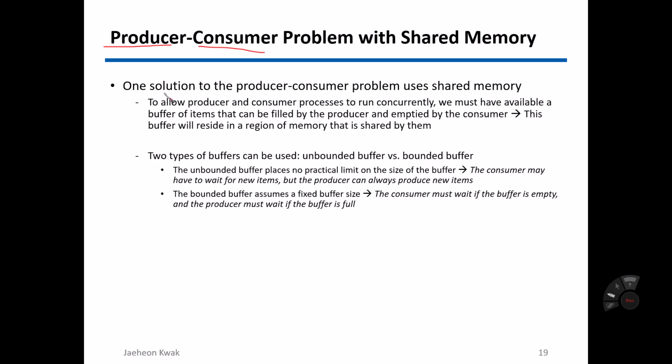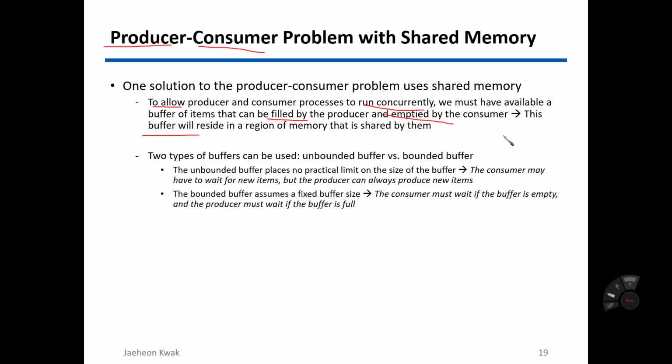One solution to handle this producer and consumer problem is to allow the producer and consumer to run concurrently. We must have a buffer to be filled with the data generated by the producer and emptied by the consumer.